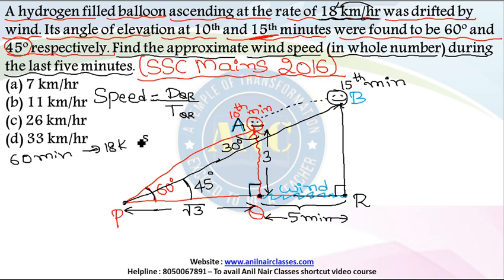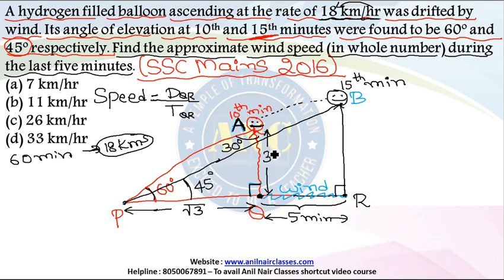That means it was initially at the ground level Q, and till the 10th minute it was traveling till point A. If the time taken from Q to A is 60 minutes, it will travel 18 kilometers. But the distance travelled from Q to A is not 18 kilometers.